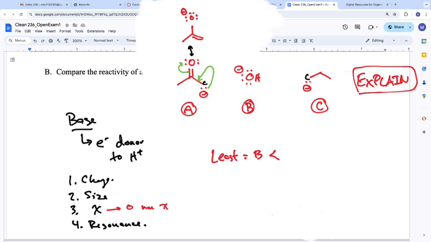So C would be a stronger base than A. Okay. That's not right. Is it?